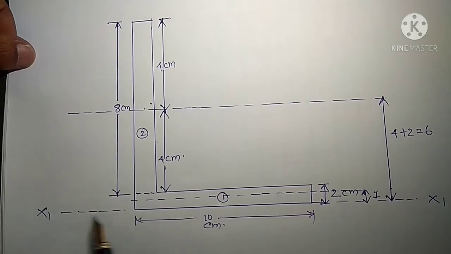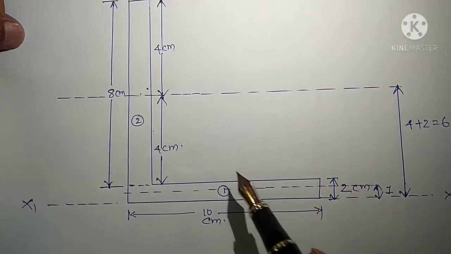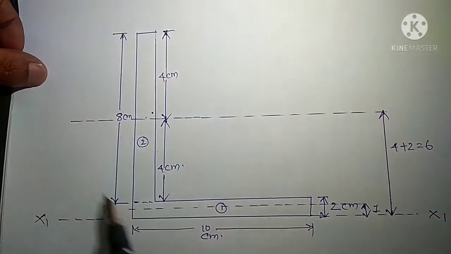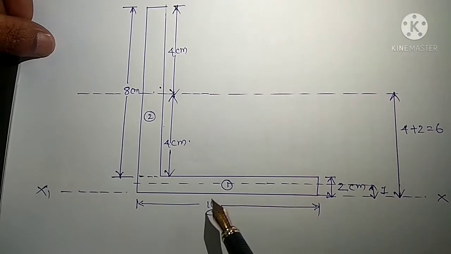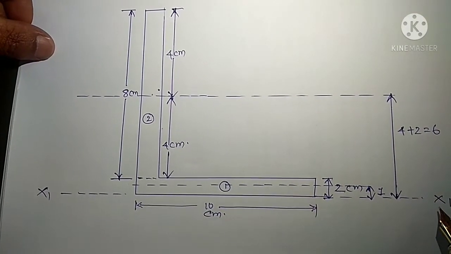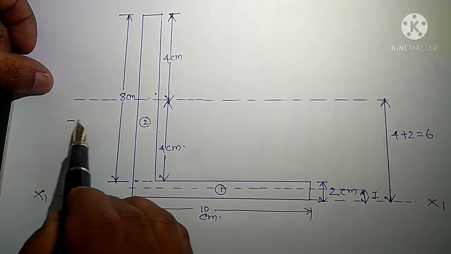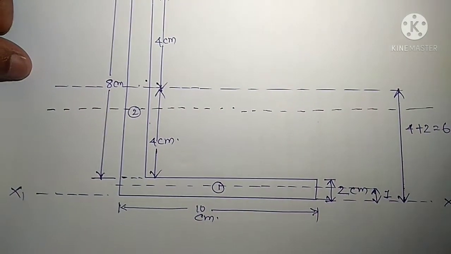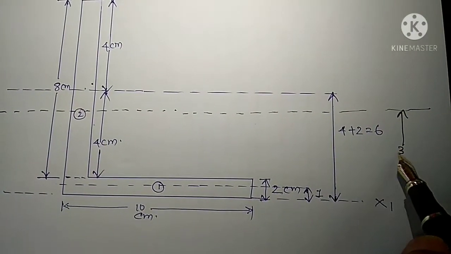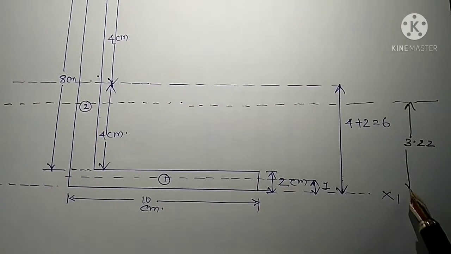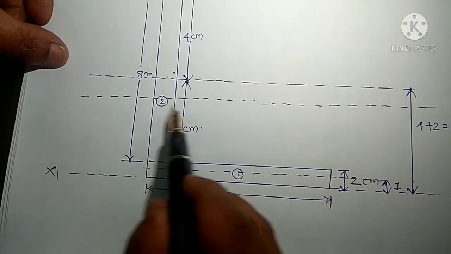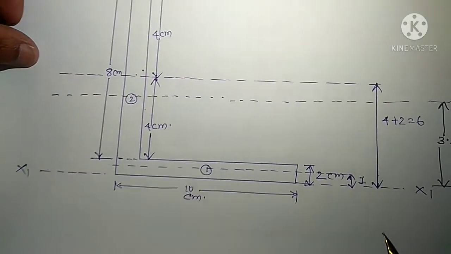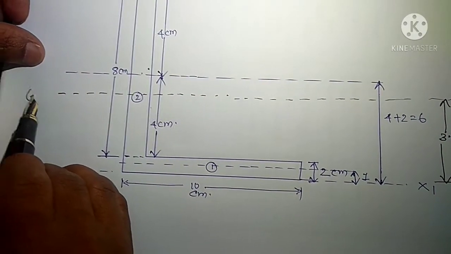Y bar means the horizontal centroidal axis of the whole component is at a distance 3.22 from the reference axis x1. So this is the new horizontal centroidal axis for the whole component. I am representing this as Gxx.